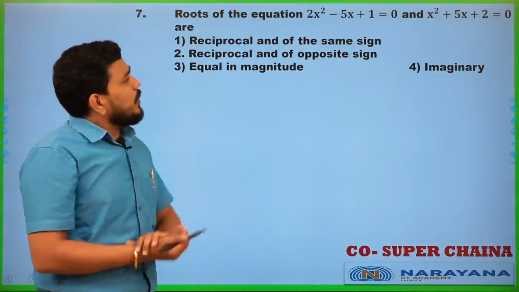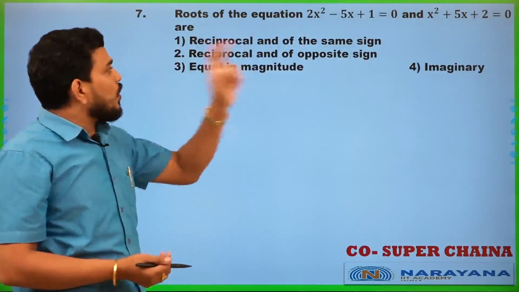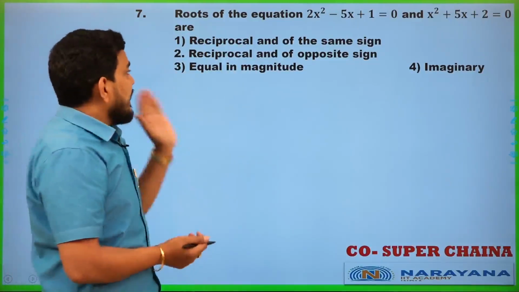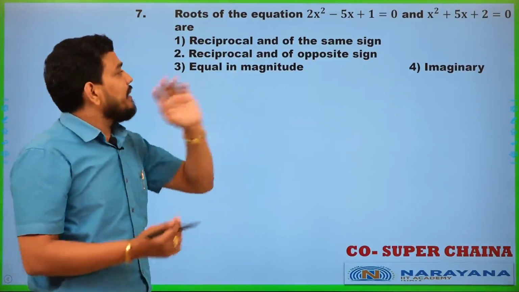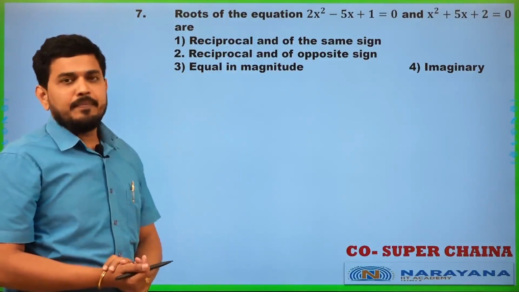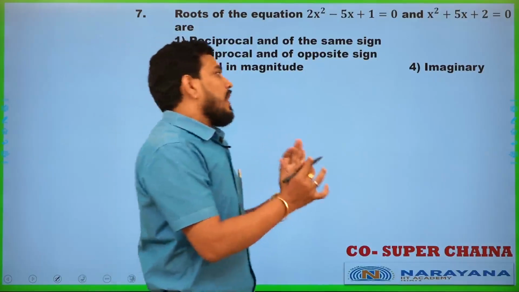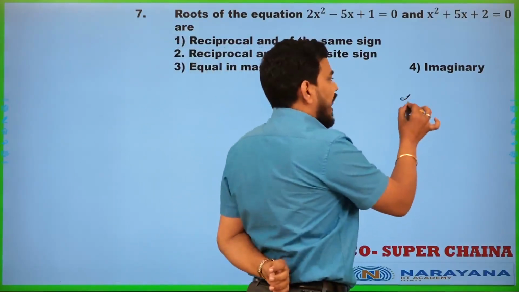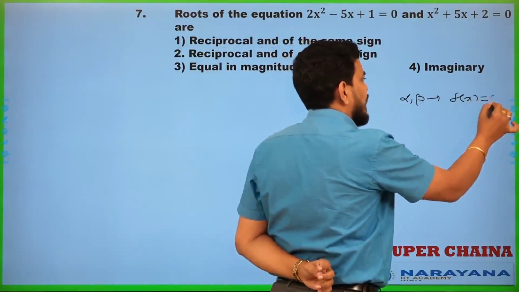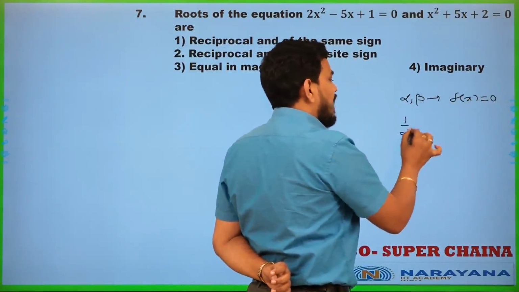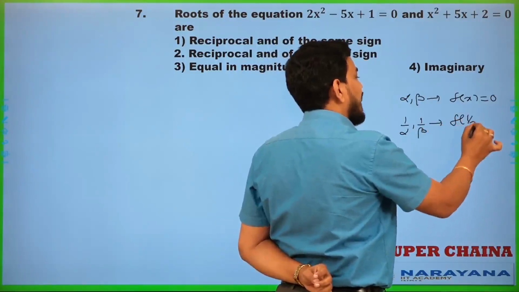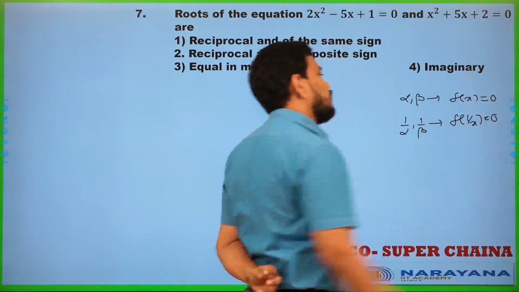The roots of the equation are reciprocal and of the same sign, reciprocal and opposite sign, equal in magnitude, imaginary. Okay. So, here one thing is, if alpha and beta are the roots of f of x is equal to 0, 1 by alpha, 1 by beta are the roots of f of 1 by x is equal to 0.